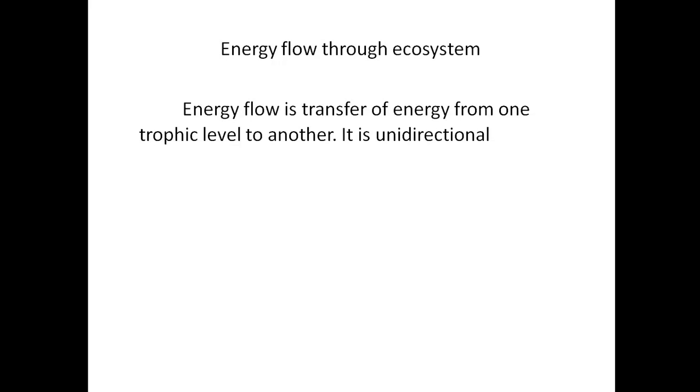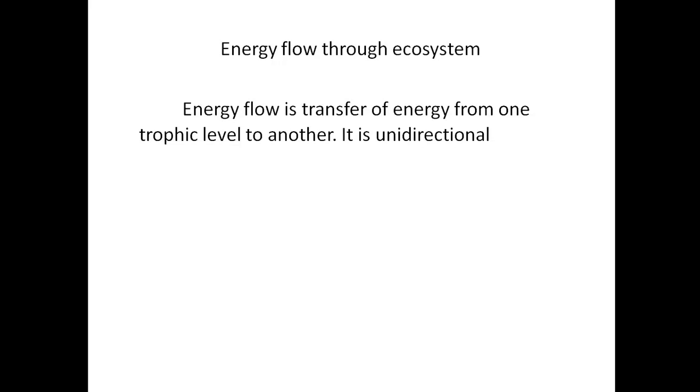So here you can see energy flow is transfer of energy from one trophic level to another. Trophic level is nutritional level. That means from the plants it will go to the primary consumers, secondary consumers and tertiary consumers. So energy will be flowing from one trophic level to another. This is known as energy flow through the ecosystem.